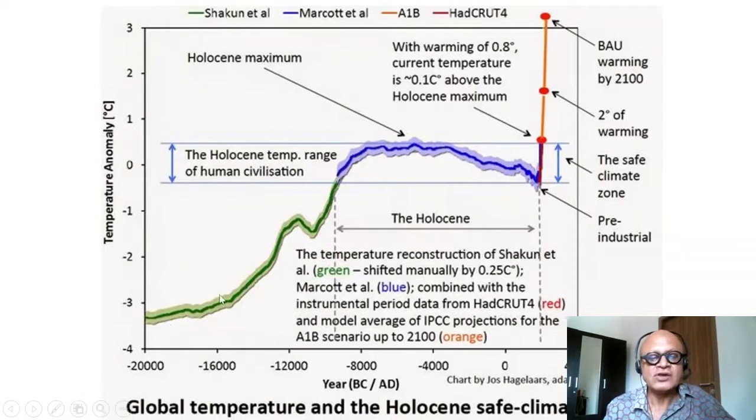If you look at the longer time temperature anomaly going to the last glacial maximum with respect to the modern day averages, you'll see that obviously it was colder. It was in the ice age.